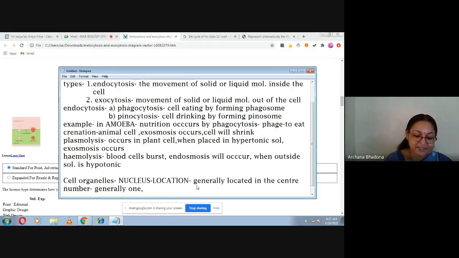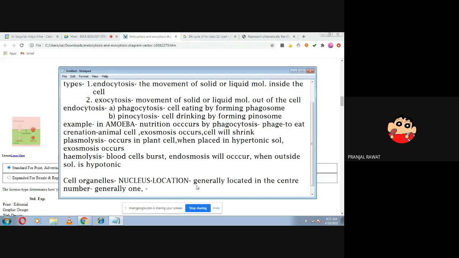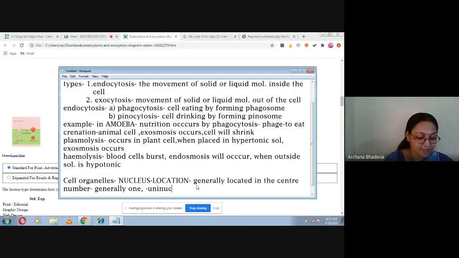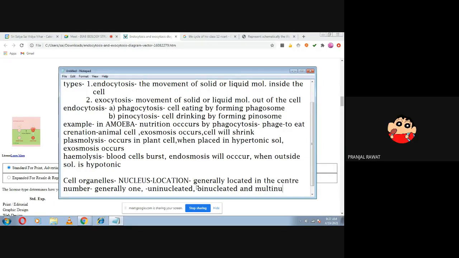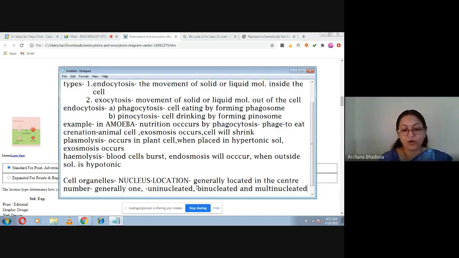So this way some terms are there: uninucleated, then binucleated, and multinucleated. All have understood the terms?